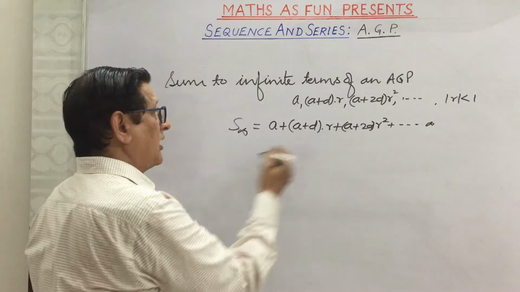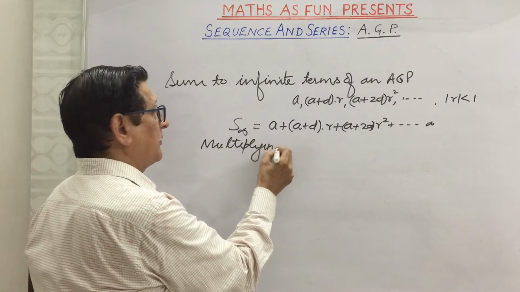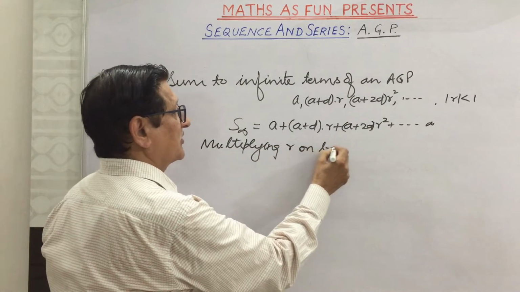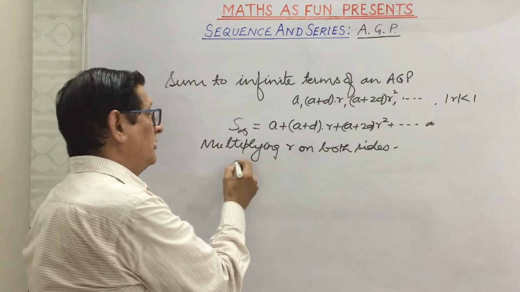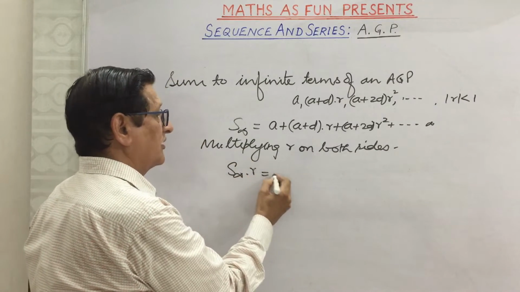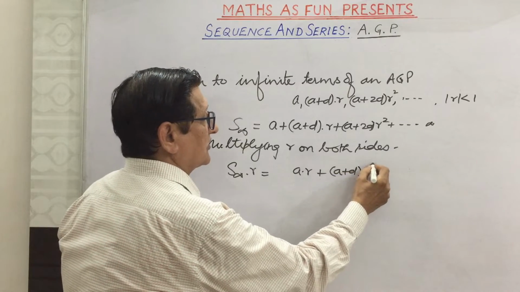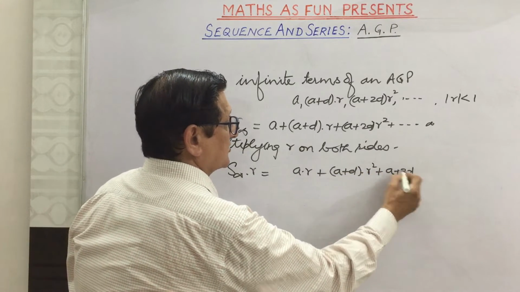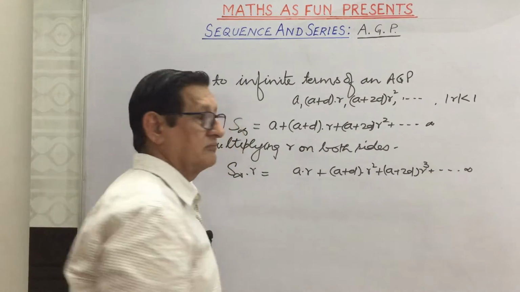If we multiply r on both sides, we get S infinity into r equal to a into r plus (a plus d) into r square plus (a plus 2d) into r power 3 and so on up to infinity.